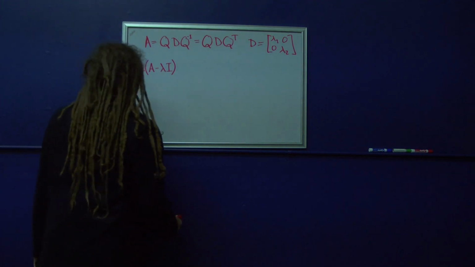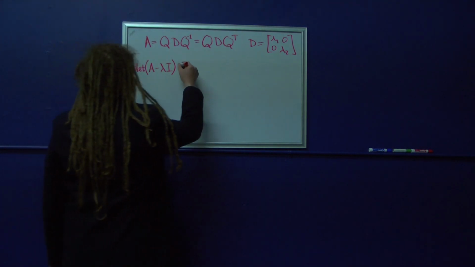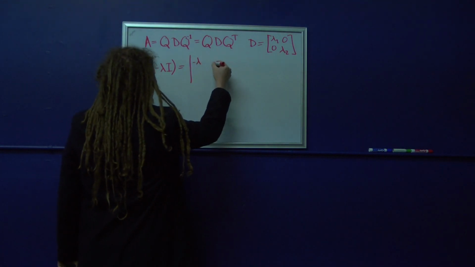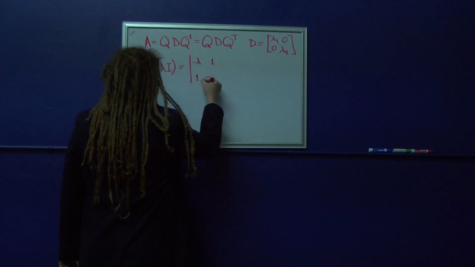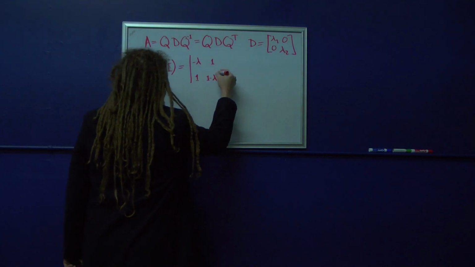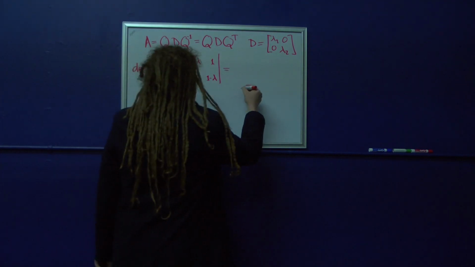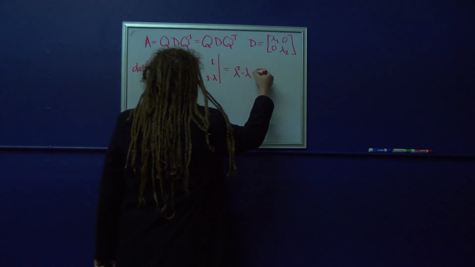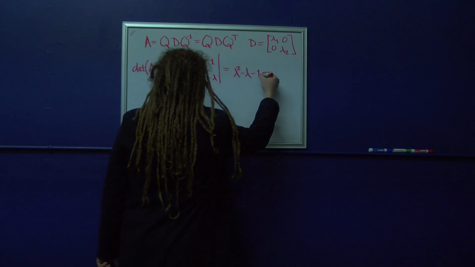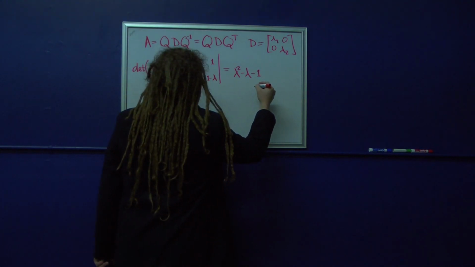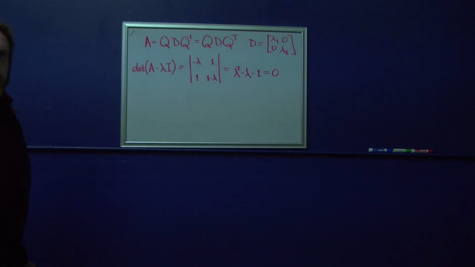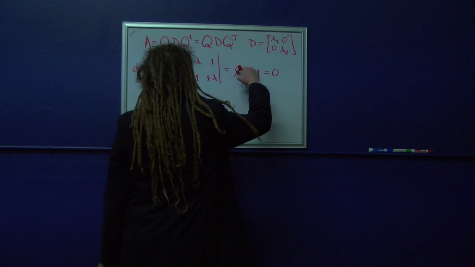So what was A again? Here, I'm going to write it all together. A had a 0 up top, so we got minus lambda, we've got 1, we've got 1, and we've got 1 minus lambda. And so we're going to get a quadratic equation.